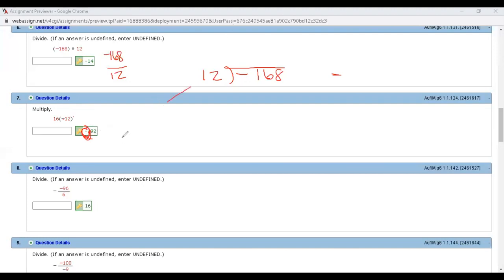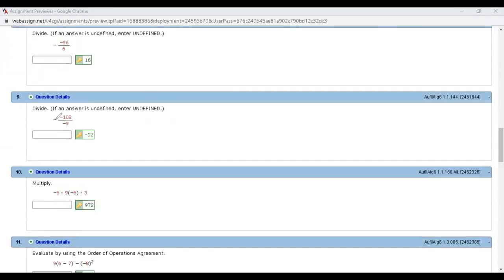For number 8, in the same fashion, we have a negative times a negative, so our end result is going to be positive. For number 9, we have a negative divided by a negative, which is a positive. So this is positive, and this is negative. A negative times a positive, our end result is going to be negative. So those are some things to remember.